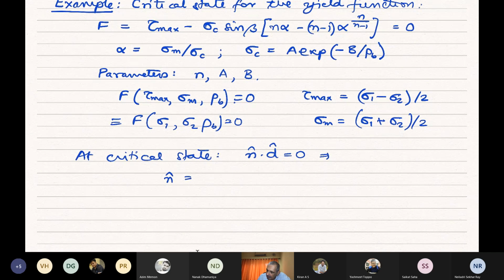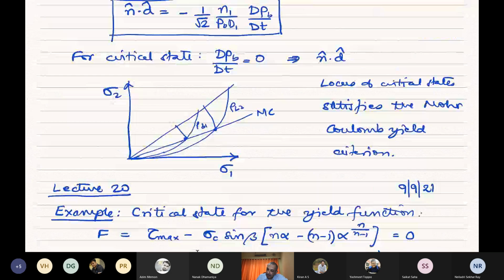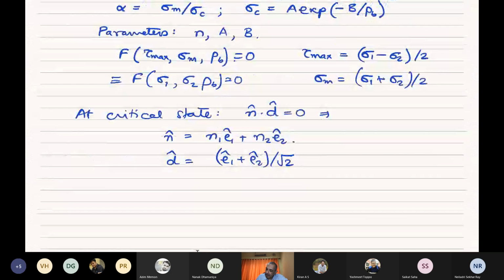So n we have seen is nothing but n1 e1 plus n2 e2, and d is just equal to e1 plus e2 divided by root 2. So these are both unit vectors. n1 and n2 are the unknown components of the normal vector, and they have a magnitude equal to 1, and d is a line along the 45-degree line over here. So that obviously e1 plus e2 by root 2, that is what it is.